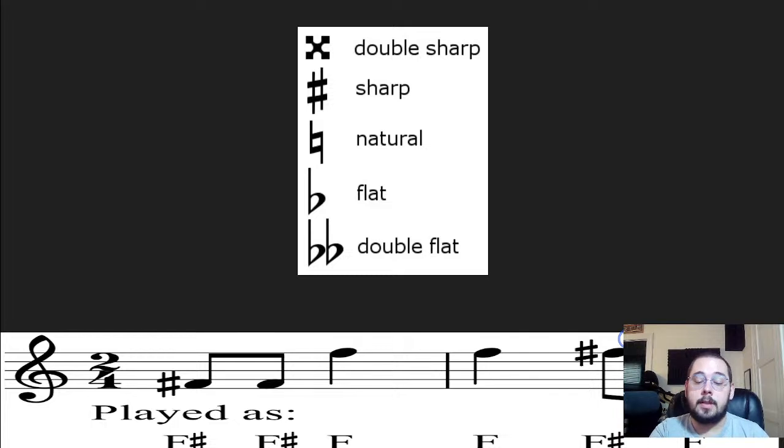A natural tells us to, let's say we had F sharp, we would instead play the note without an accidental. A flat tells us to just do the opposite. So instead of going up, we're going to go down a half step. So if we had B up here and then B flat, we move down to the next key.